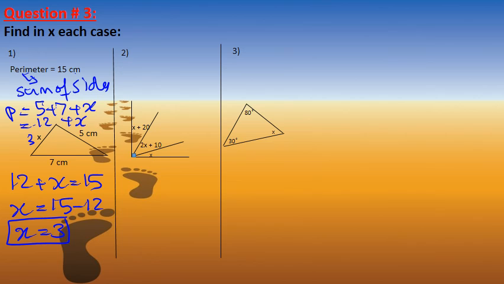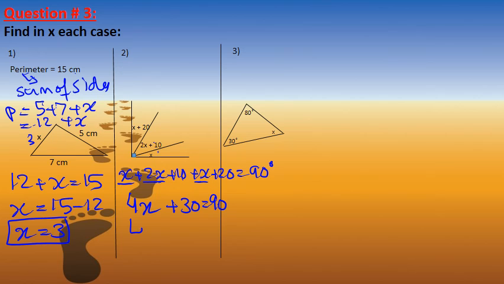Now here we have a right angle and it has 3 angles. So we should write x plus 2x plus 10 plus x plus 20 is equal to 90 degrees. X plus 2x is 3x, plus x is 4x. 10 plus 20 is plus 30, equal to 90.